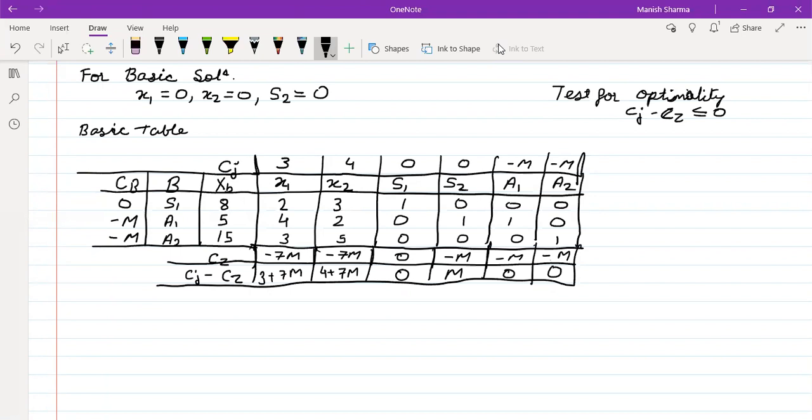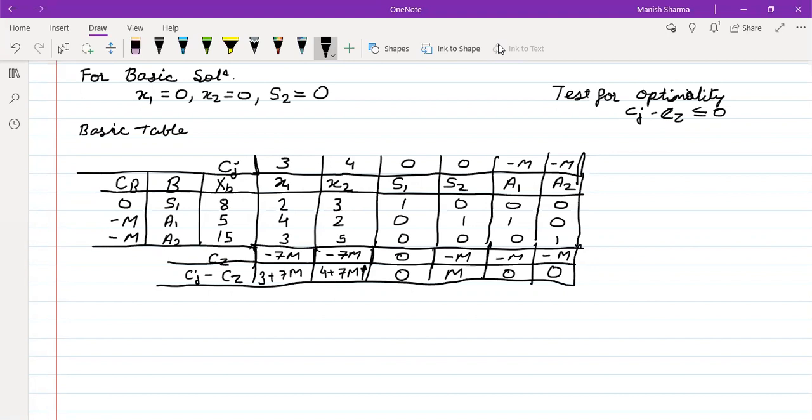So which is the maximum value? Let us assume any value for m. The maximum value will be this, so we will select this column as our key column. Normally this should be minimum, but since these are all positive values, we have to select the maximum positive value.